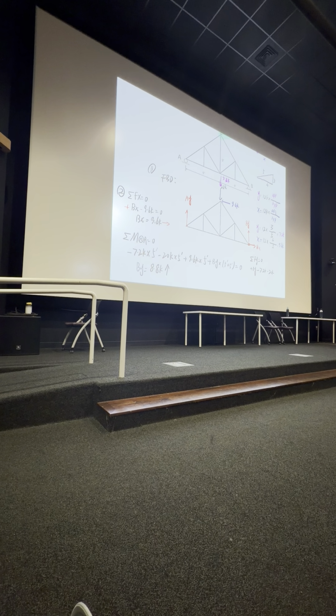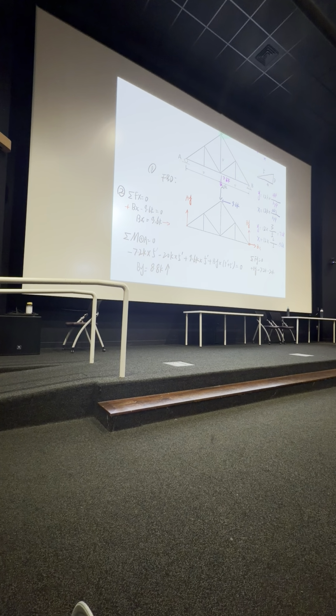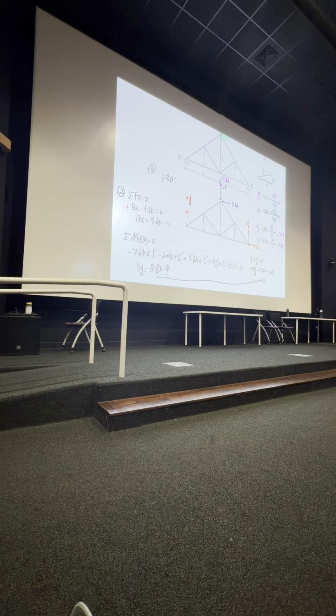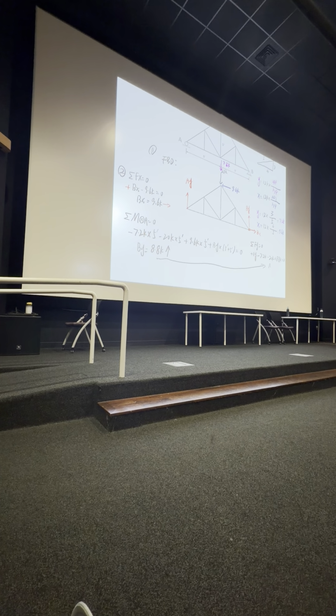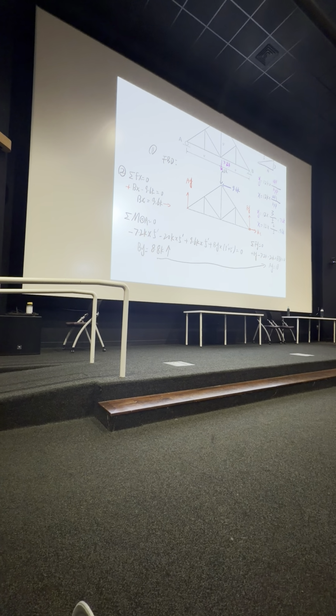And you have this By going upwards, and we already got By, so we plug that number in: positive 8.8K equals 0. So finally you get Ay equals 18.4K going upwards.